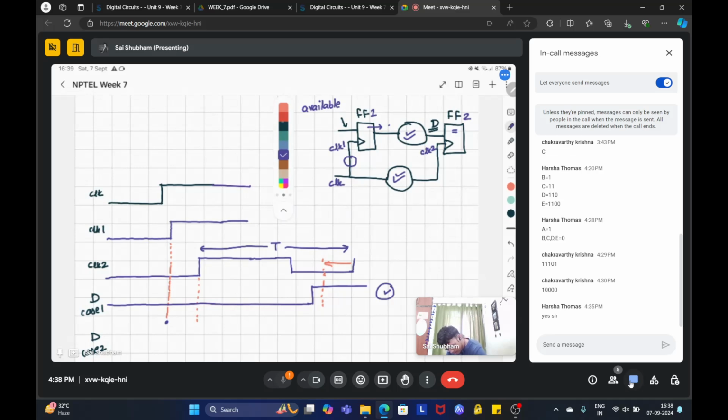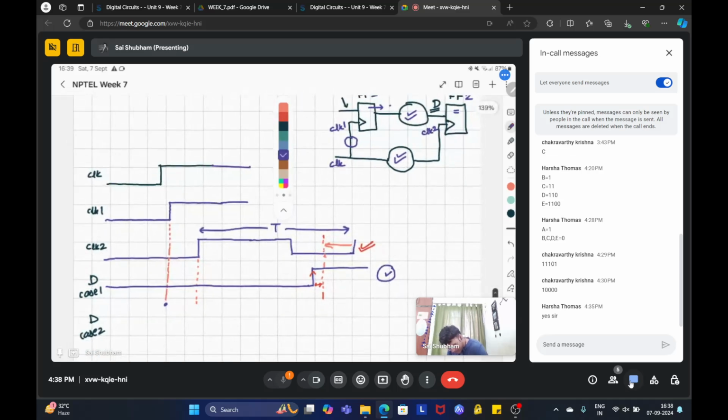So this is clock 2. This is clock 2. And this is the setup time requirement. Okay. So data should be available before that. Another thing is that you have to check that data should not be available right here because in this edge you have a hold time requirement.